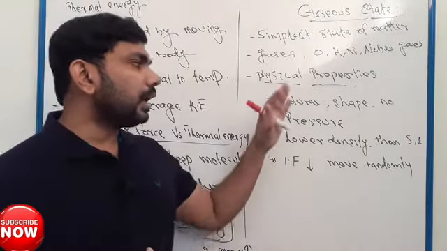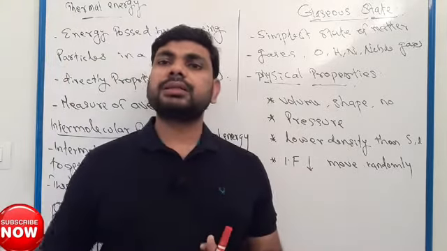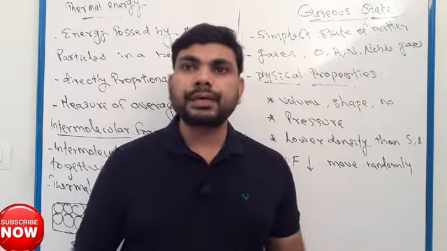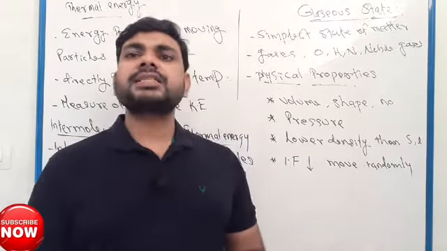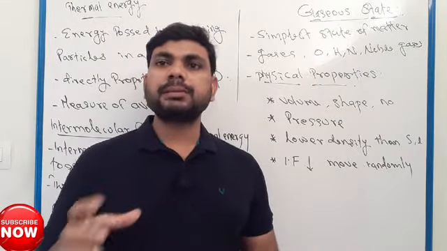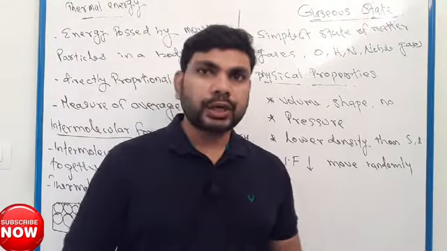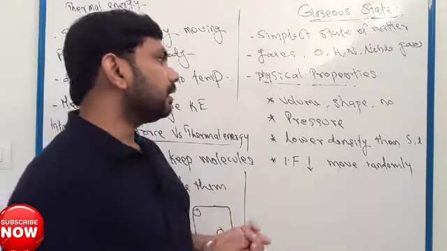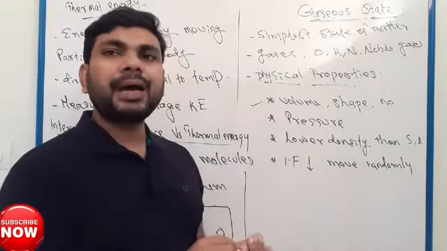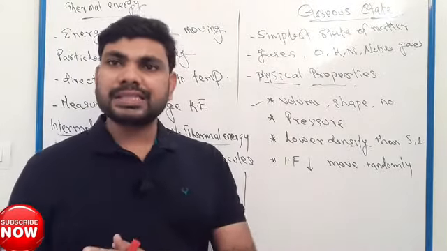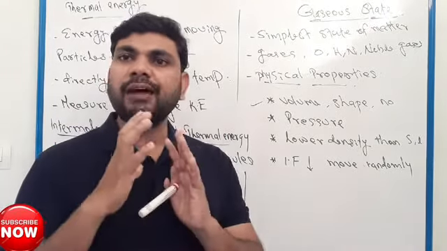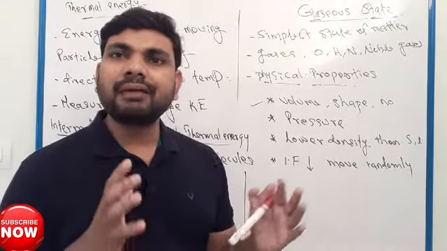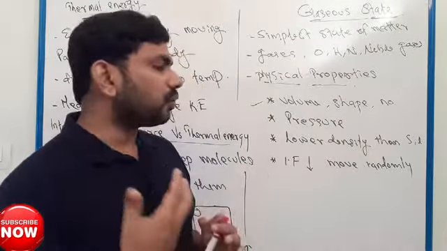Here we have to understand the physical properties of the gaseous state, which you learned before. Actually, gases are invisible matter. Gases have no definite shape and volume. We know that in the solid state particles are tightly packed and have definite shape and mass, but in the gaseous state they have no definite shape or volume.